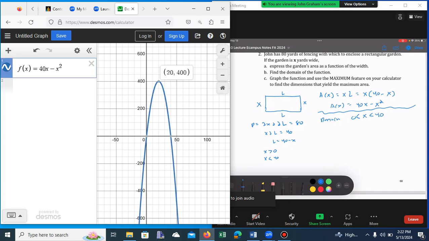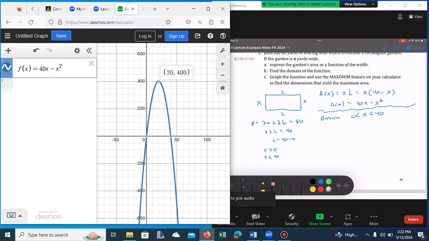The maximum is when x equals 20. So with x of 20, area equals 400. And if x is 20, L will also be 20. So you're looking at a square here.